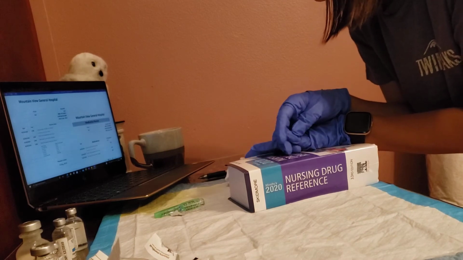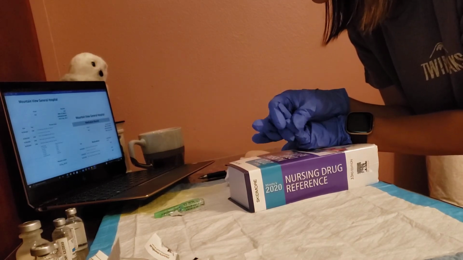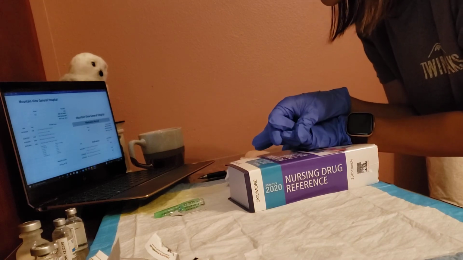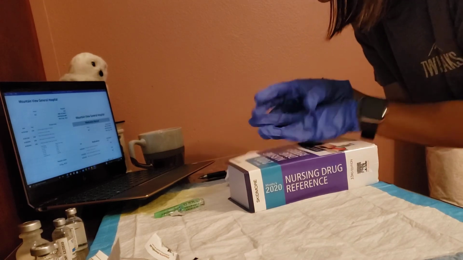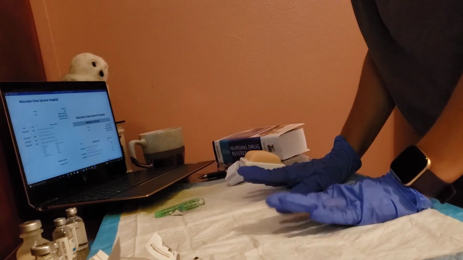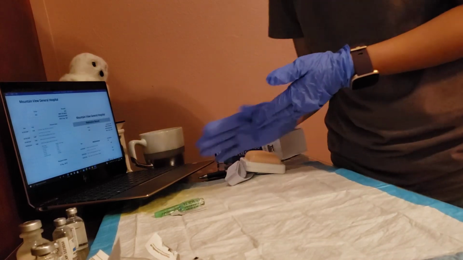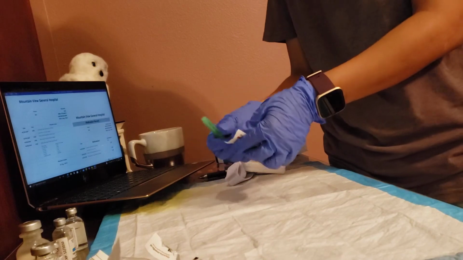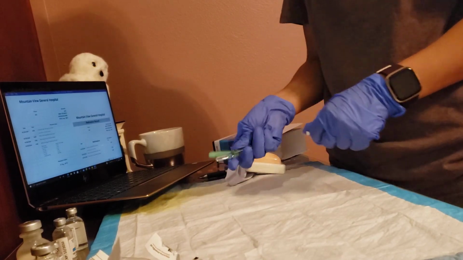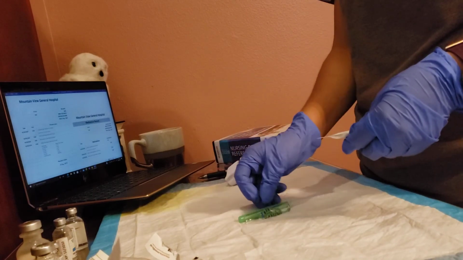So I would want to verify that with him and just get some clarity that that 1 gram every 6 hours for that antibiotic was correct. And so I would do that. And so I have given Mr. Buzzard the call light, and I want to make sure that he's not having any type of dizziness, nausea, vomiting, or anything like that that the antibiotic causes.